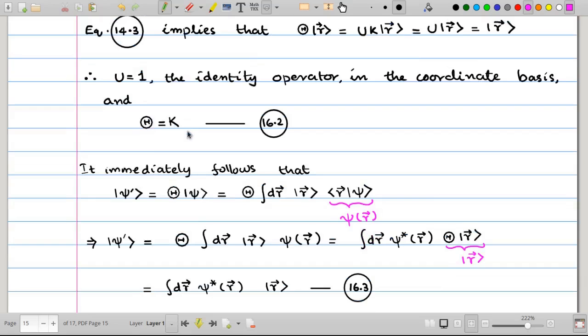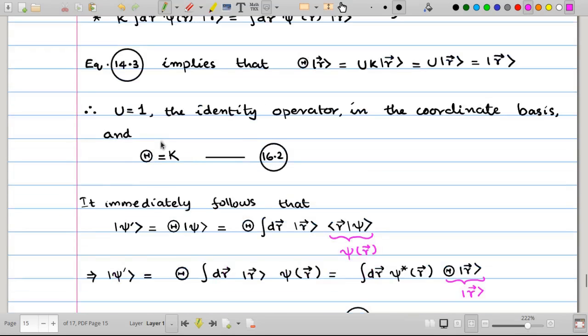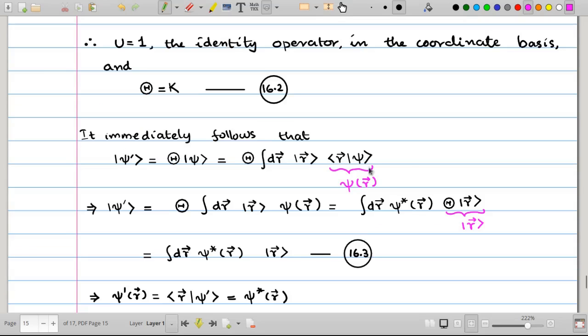It changes all the coefficients in a linear combination of position eigenvectors to their complex conjugates and does nothing to the position eigenvectors. Then it immediately follows that the action of theta on an arbitrary ket psi is simply the action of theta on the linear combination, integral dr, then the ket r, and then the inner product of ket r with psi. But the inner product of ket r with psi is simply psi of r, and we call it the wave function of the system.